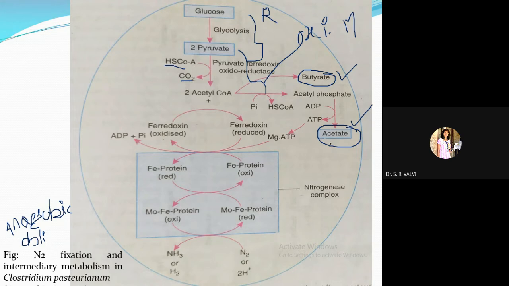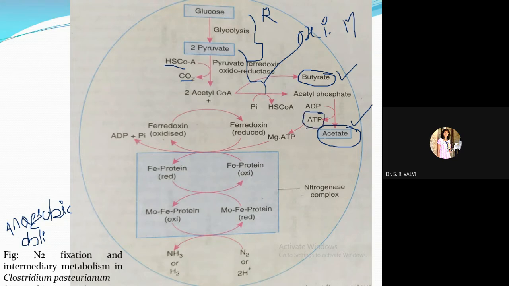Now, when the acetic acid forms, at that time the adenosine diphosphate is converted into adenosine triphosphate. So our main motto of the formation of acetic acid is to get this ATP energy.